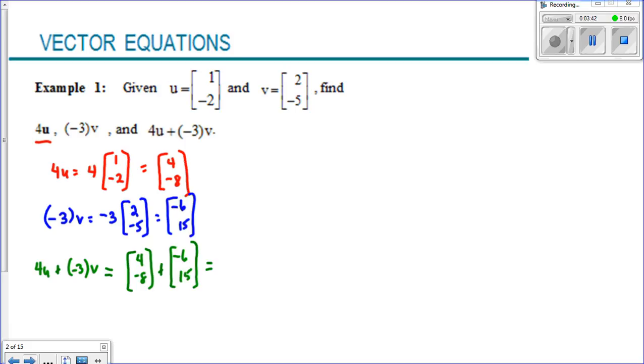They both have to be in R2 or both in R3. They have to have the same number of entries to be able to add them. So the sum will be negative 2, 7. Okay, so this is looking at vectors algebraically. We're given the two entries and we know how to add them, and we know how to take scalar multiples by working just with the components of the vectors.